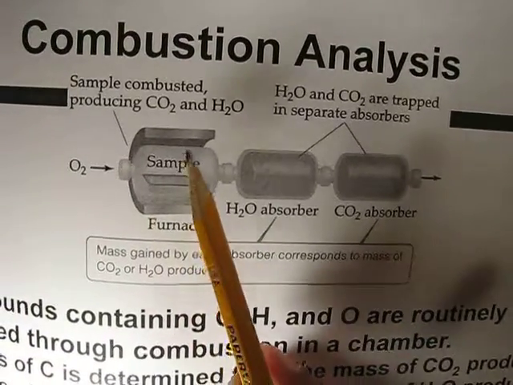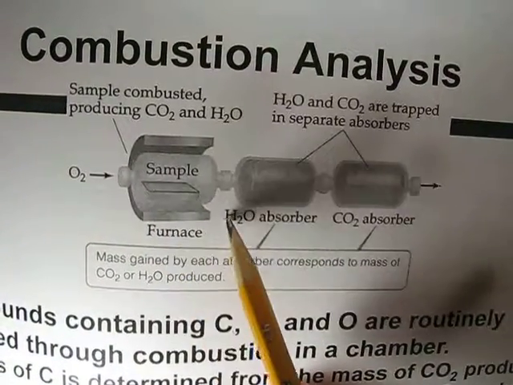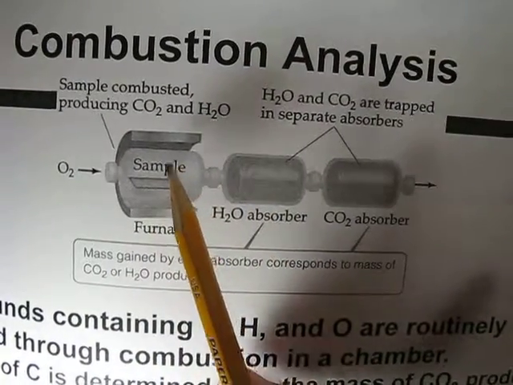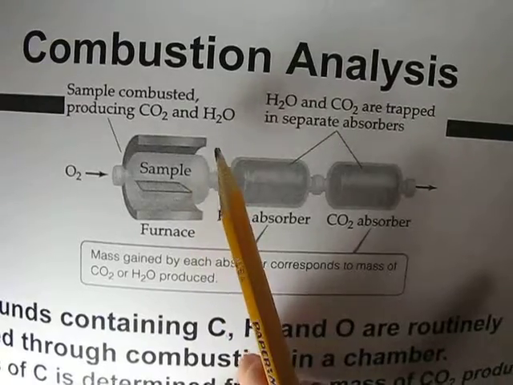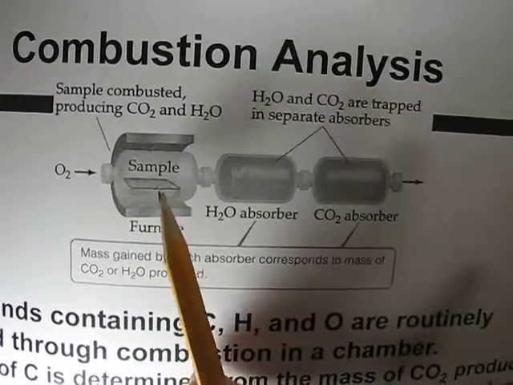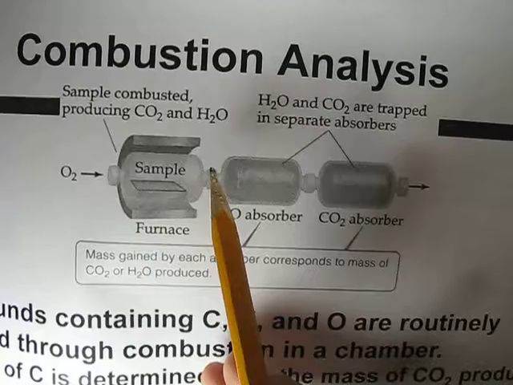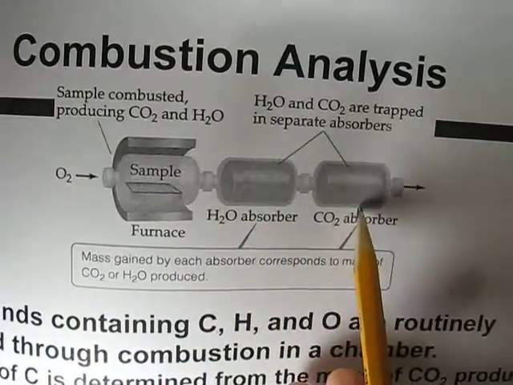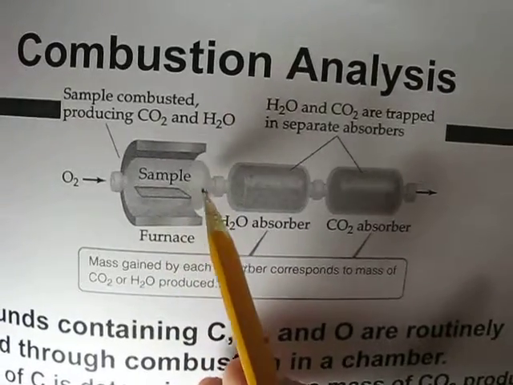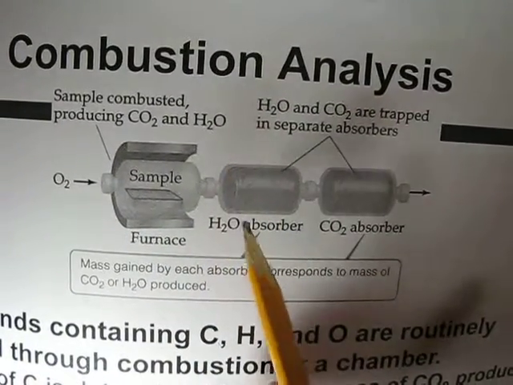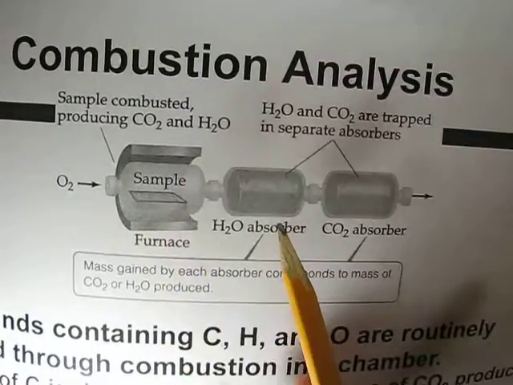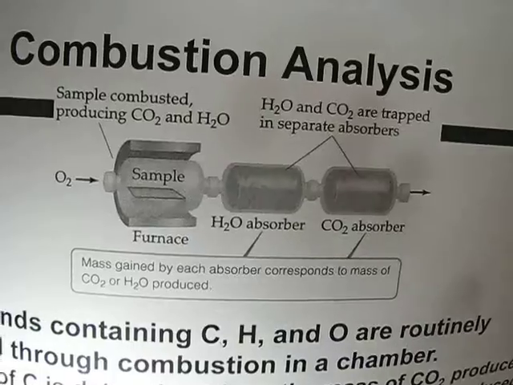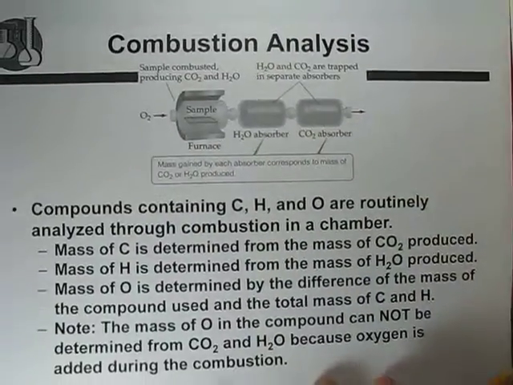So what happens is, we put a sample in the furnace and then pass oxygen gas, and it burns the carbon and hydrogen. Basically oxygen doesn't burn, but carbon burns into carbon dioxide and hydrogen burns into water. The water produced from the sample and the carbon dioxide are collected in two separate absorbents.